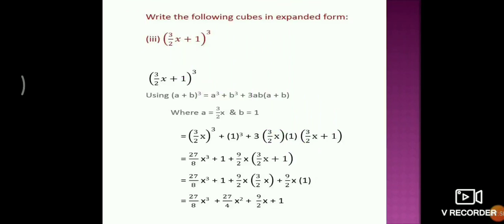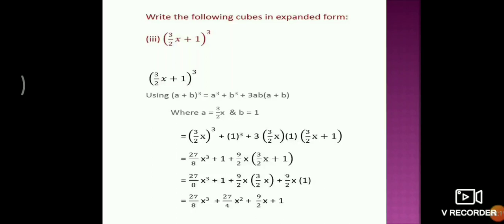It means this was the polynomial whose factor was 2x plus 1. This is the third part, which is (3 upon 2x plus 1) whole cube. Again, firstly we have to compare with the identity. So a is equal to 3 upon 2x and b is equal to 1.